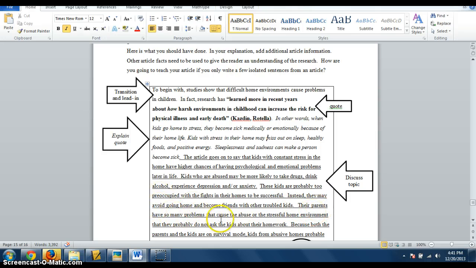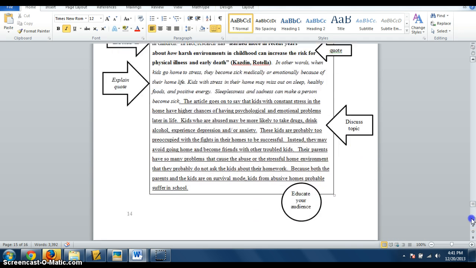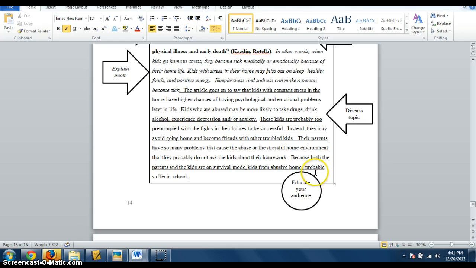Their parents have so many problems that cause the abuse or the stressful home environment that they probably do not even ask the kids about their homework. Because both the kids and the parents are in survival mode, kids from abusive homes probably suffer in school.